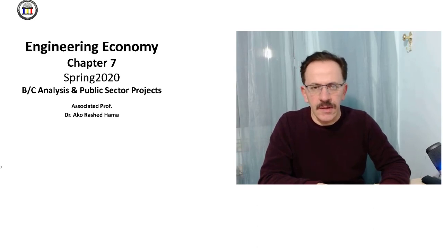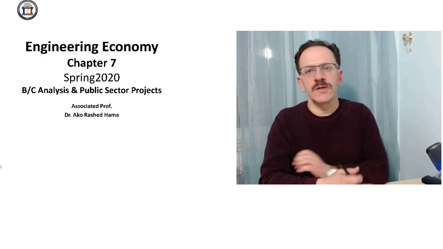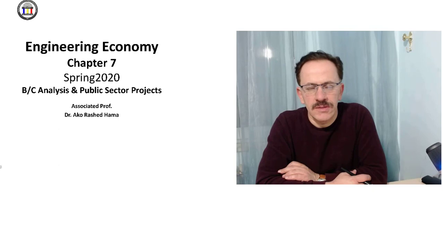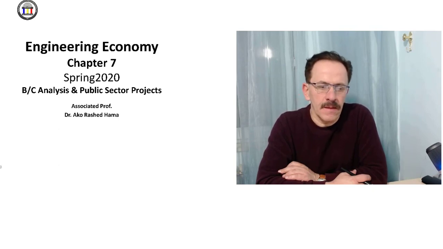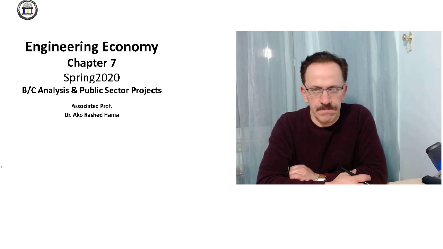Okay, today we are going to continue Chapter 7, which was about engineering economics: the B to C ratio, what is the benefit to cost ratio, and its relation between public and private sector projects.